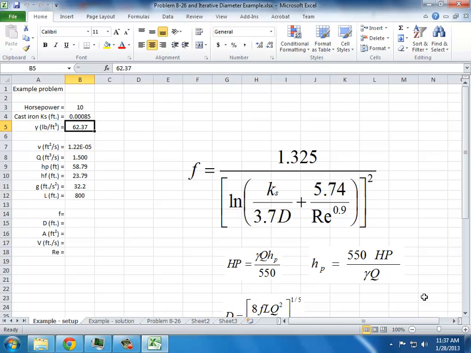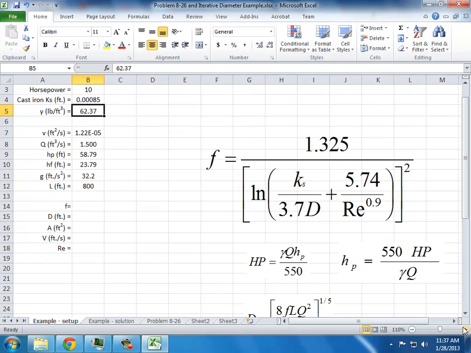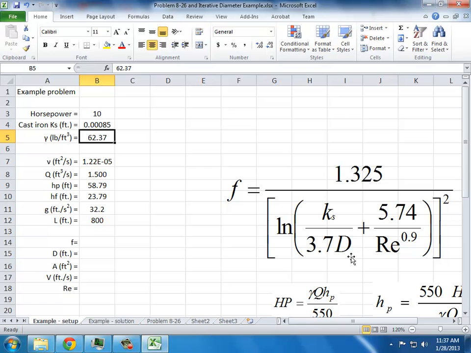The unit weight of water varies depending on the temperature. And in the problem that you're going to be working, I think they say the temperature of the water is 60 degrees Fahrenheit. So this is the unit weight of water for 60 degrees Fahrenheit. The kinematic viscosity for water at that same temperature, we can look up out of a table. Hopefully you kept your fluid mechanics book, because that has a nice fluid properties table in it.